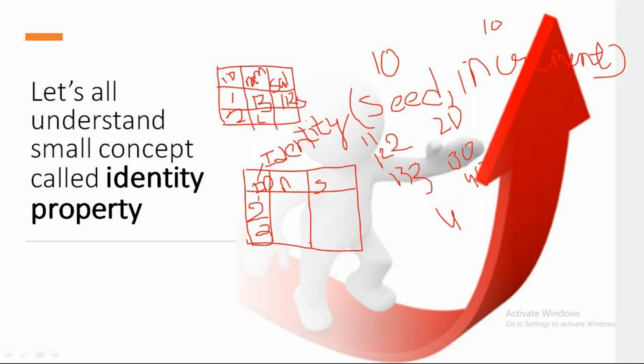At that time it's not required for you to enter the value, and it is also not necessary to worry that you are entering a bad value or violating any unique constraint, because by default it will send the incremented value.